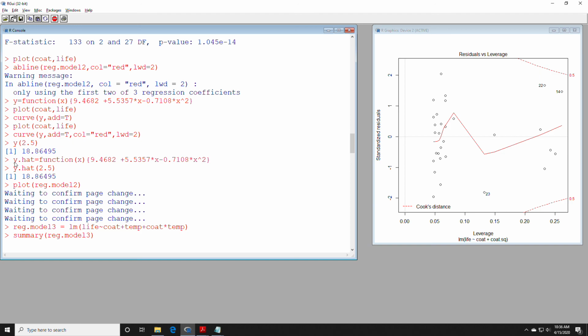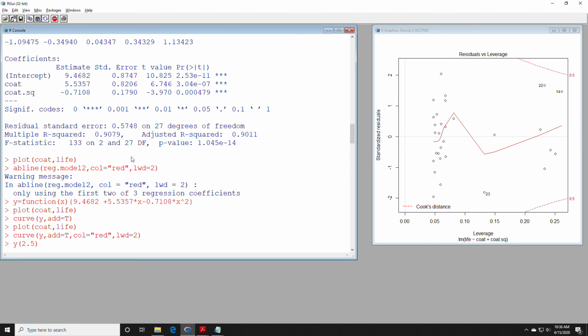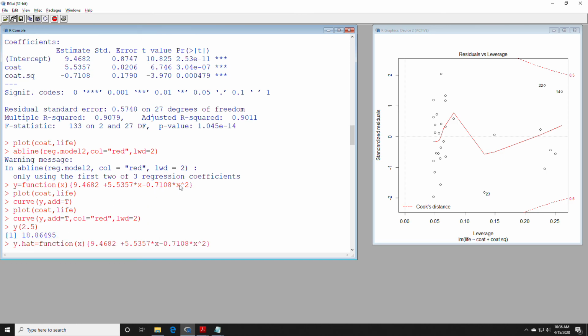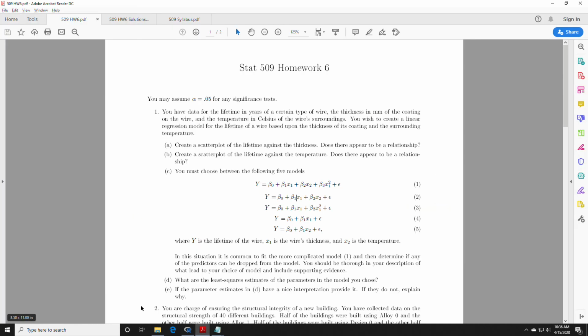Using this, y hat is equal to function, parentheses x, curly bracket, put exactly what the regression function looks like, and then you can plot x comma y and then curve it and add it, okay? So everything led to the conclusion that Model 3 is the best model, okay?